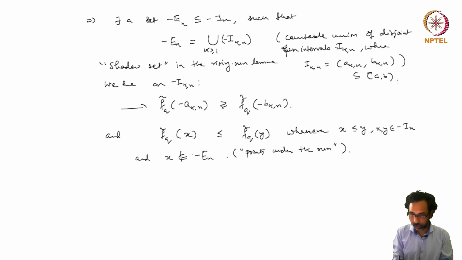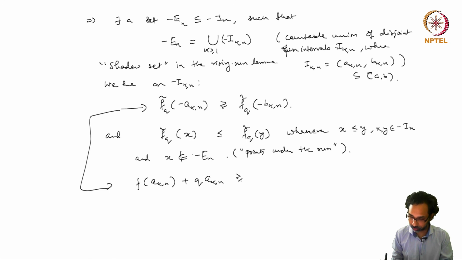And if we unpack this inequality here, we get f tilde q is f of minus a_kn plus q times a_kn, which is greater than or equal to f of minus b_kn plus q times b_kn.